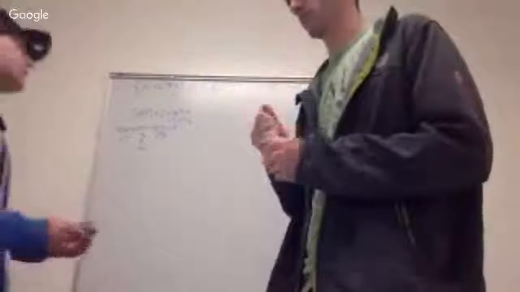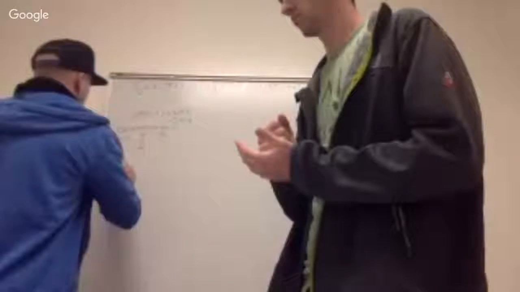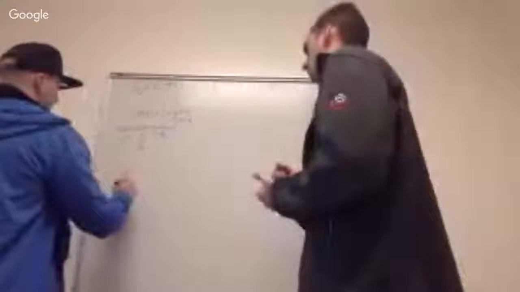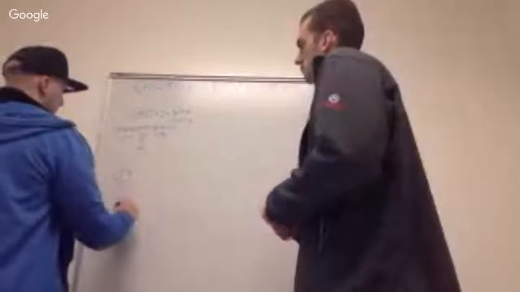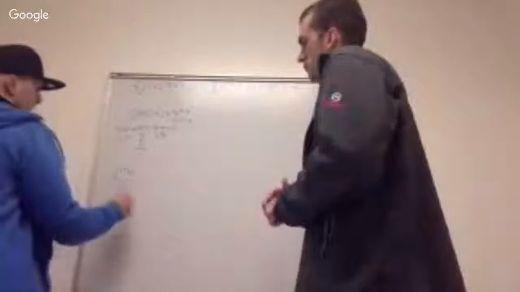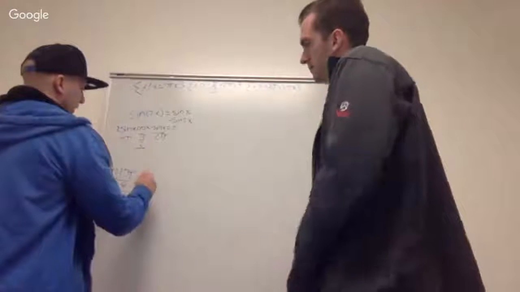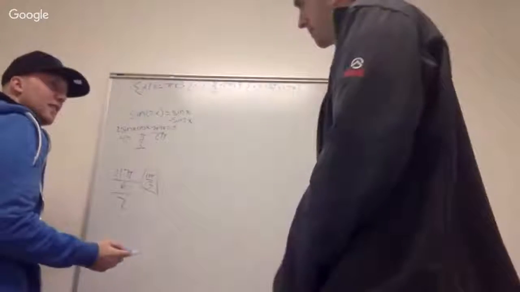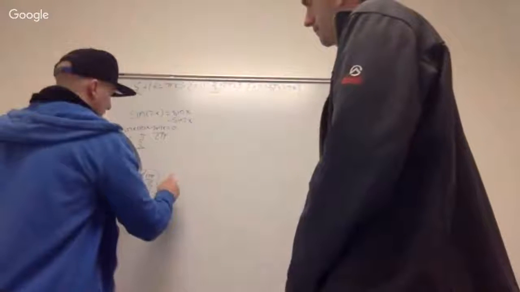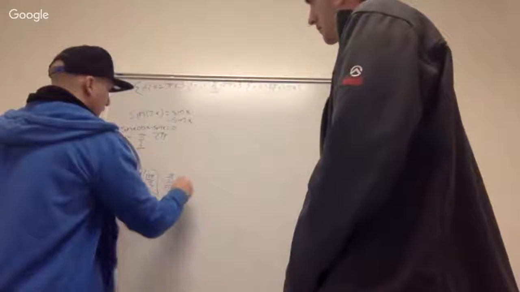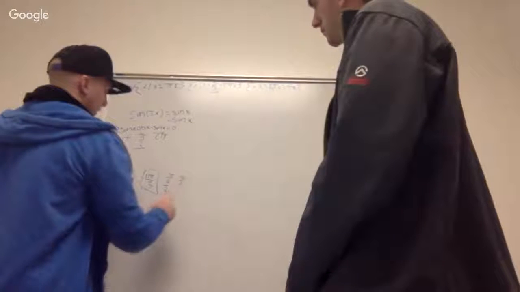So if 11 pi 6 was divided by 2, then that's 11 pi thirds, and that's our answer. And pi 6 divided by 2 is pi third.